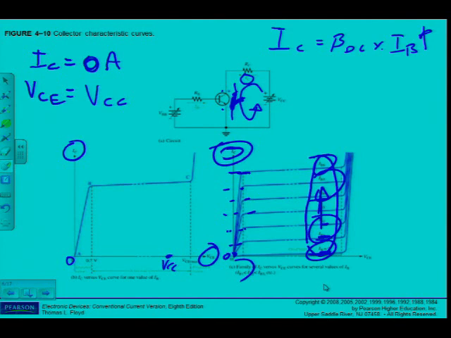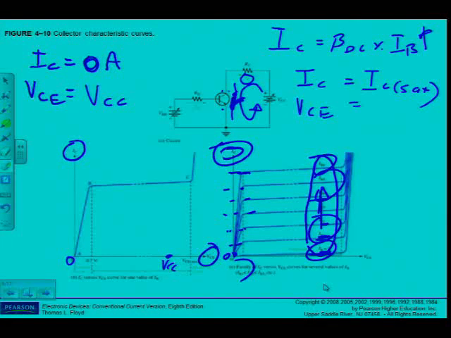The maximum current is called the saturation current, IC sat. Maximum current flows through this device. So these are the parameters for the transistor as a closed switch, IC and VCE. What is IC going to be? It's going to be equal to the maximum current, which is IC sat. We'll discuss it again. But what is the value of VCE going to be?